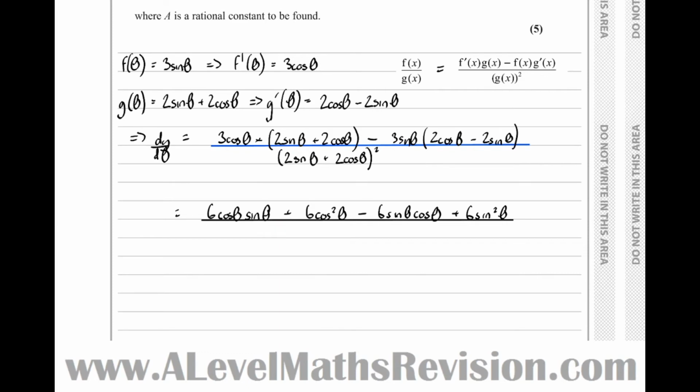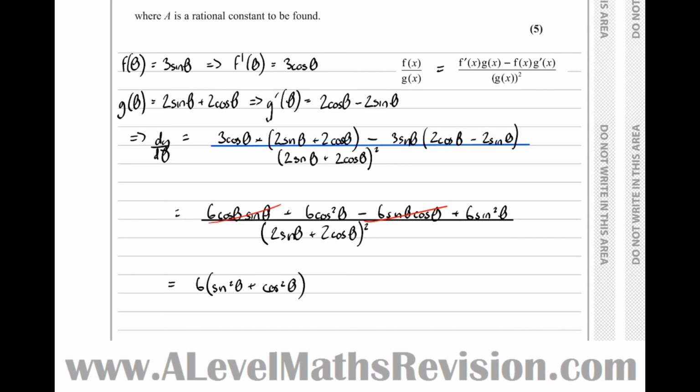There might be some nice simplification that happens. So 2 sine theta plus 2 cos theta squared. Simplifying the top, notice that the 6 cos theta sine theta cancels with the 6 sine theta cos theta. So on the numerator we get 6 lots of sine squared theta plus cos squared theta.